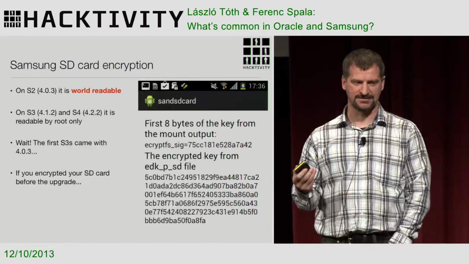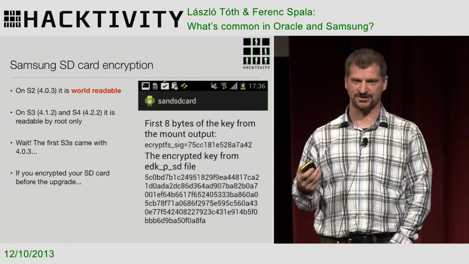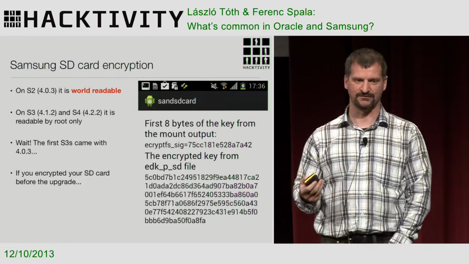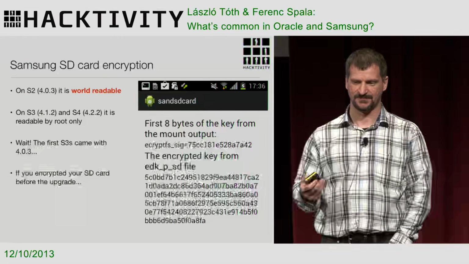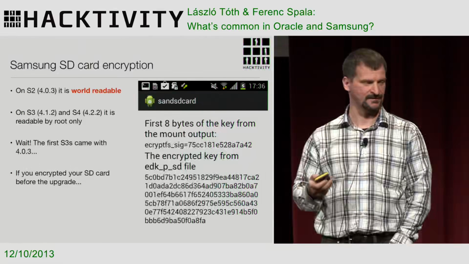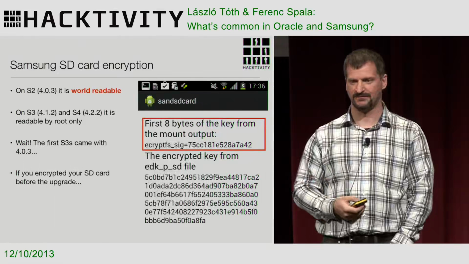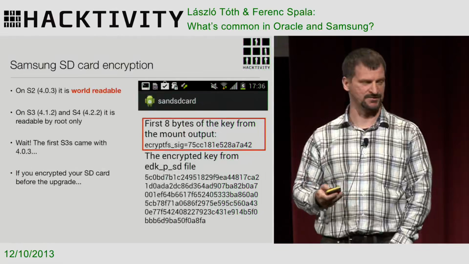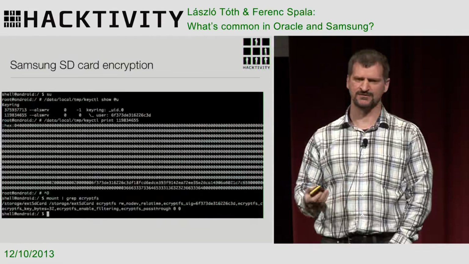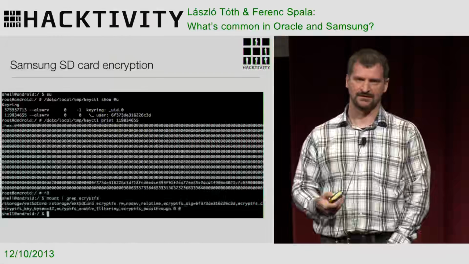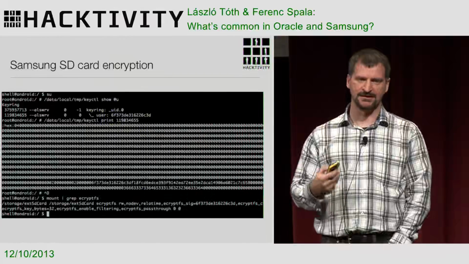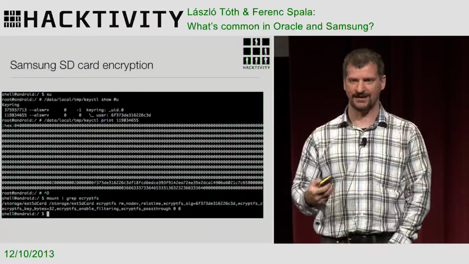On the right side, you can see a screenshot from a zero privileged application that shows the content of the file. So a malware can steal it. The first 8 bytes at the top need more explanation. eCryptFS uses key rings for the key handling, and on Linux, you can manipulate this with the keyctl command.